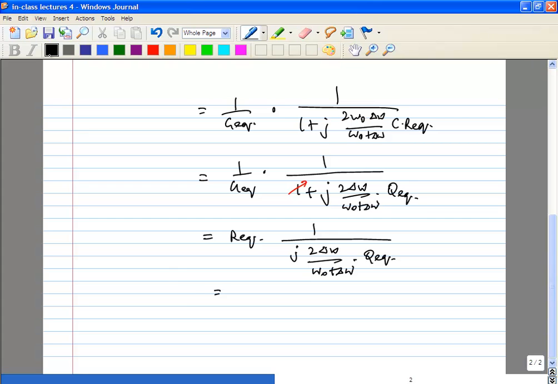So, what is R equivalent by Q equivalent? It's the same as R over Q, right?